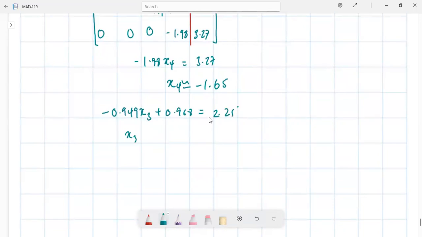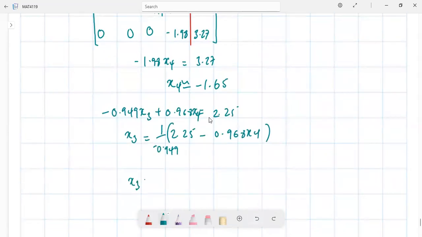So I have to solve for x3. x3 will be equal to 2.25 minus 0.968 x4, divided by negative 0.949, right? So you substitute the value of x4, which you just found previously. You should be able to get x3 to be negative 4.05.